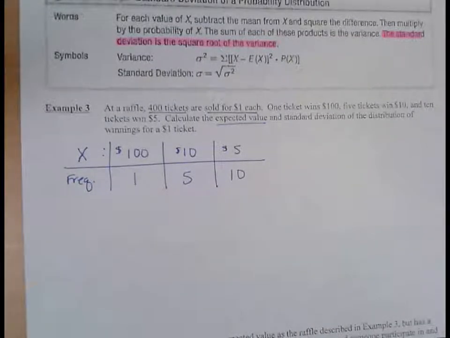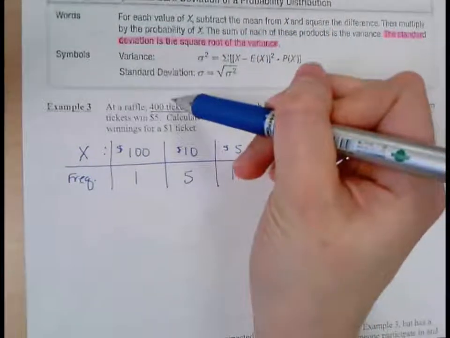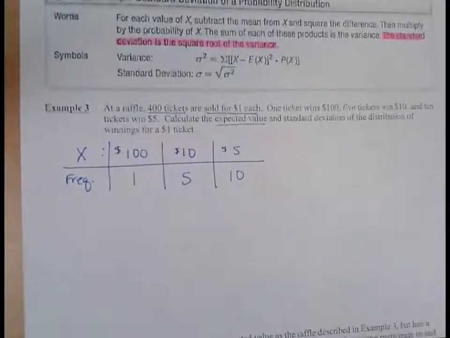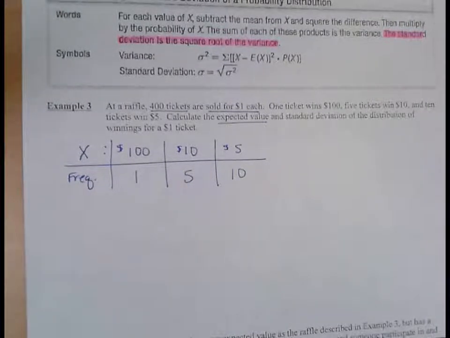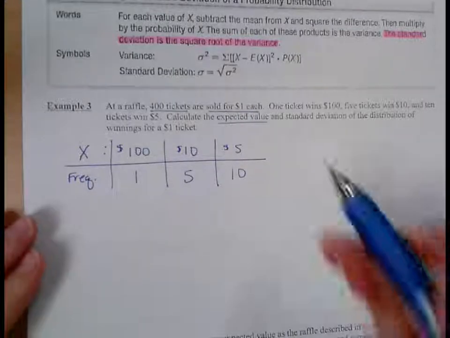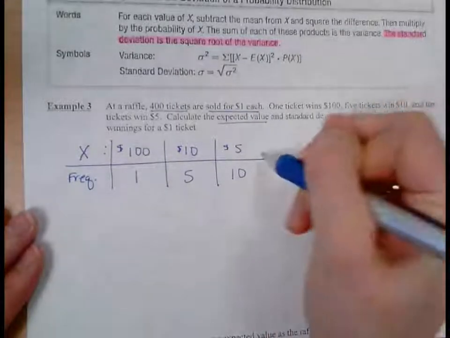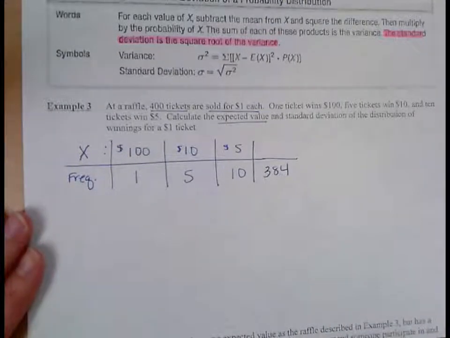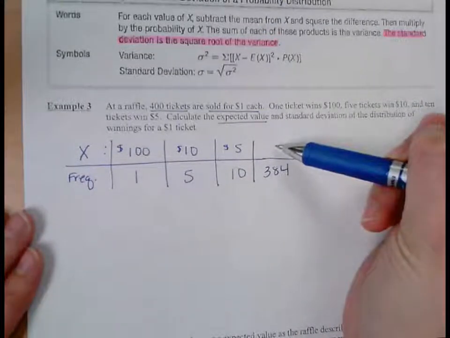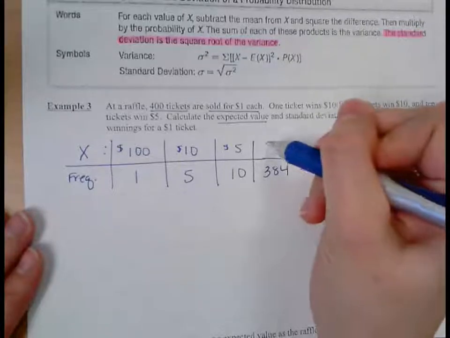Now, the problem did tell us that there are 400 tickets sold, meaning all of our frequencies should add to 400. But if you add 1, 5, and 10, that's only 16. So that means there's a remaining 384 tickets that would win what amount? 0.